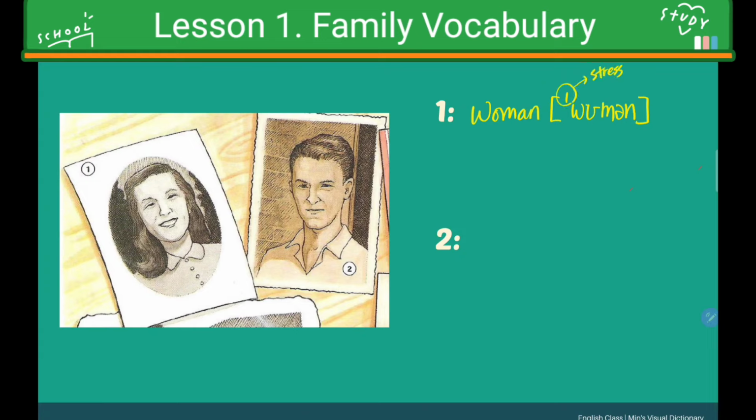So whenever we have a stress symbol, we give it a stress. So in this case, we have to stress the first syllable. So it's woman. And right here, this pronunciation is more like double O's. So ooh. So woman.